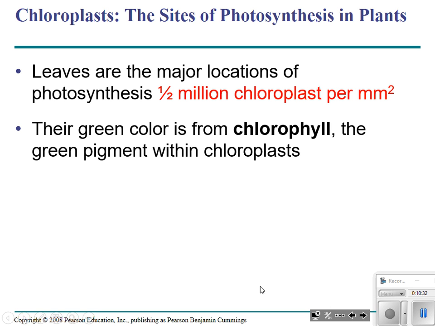The green color of the chloroplast is due to a pigment called chlorophyll. Okay? So chlorophyll is the green pigment from the chloroplast.